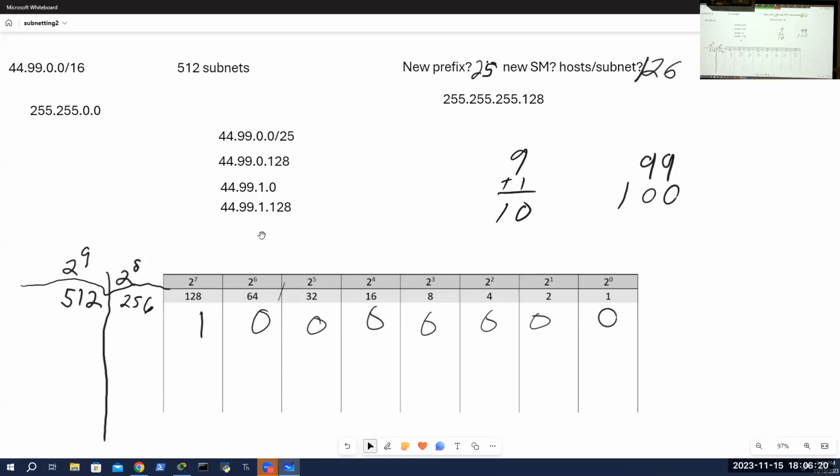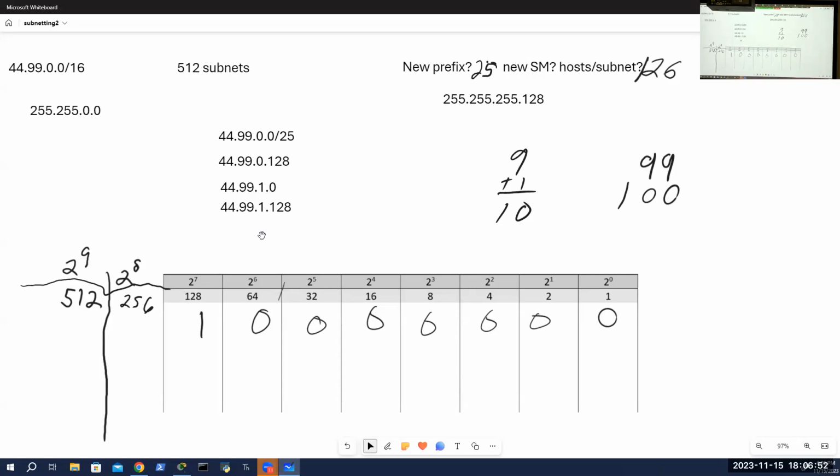So if somebody asks you, what's the last subnet here? Well, basically you're counting by ones in the third octet because the entire octet is part of the network ID. So it's just 0, 1, 2, 3, 4. And so the highest value there is 255, and the highest value you can go in the fourth octet, since only this leftmost bit is part of the network ID, is 128.